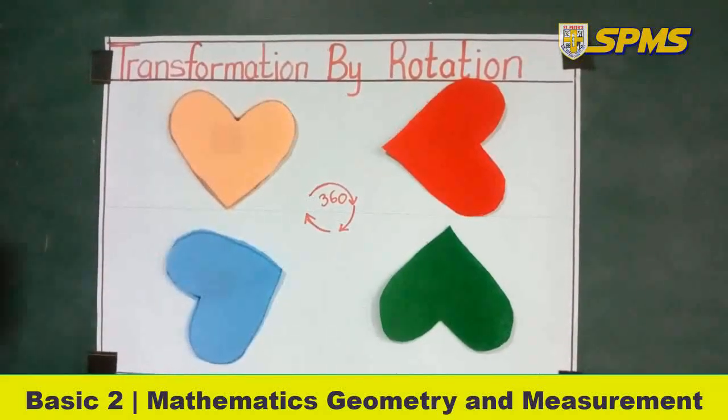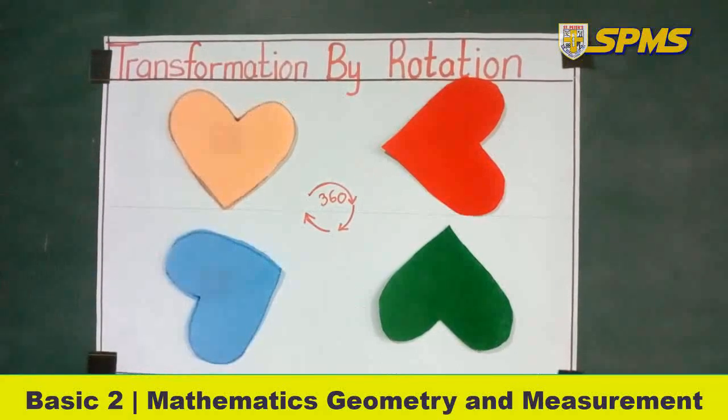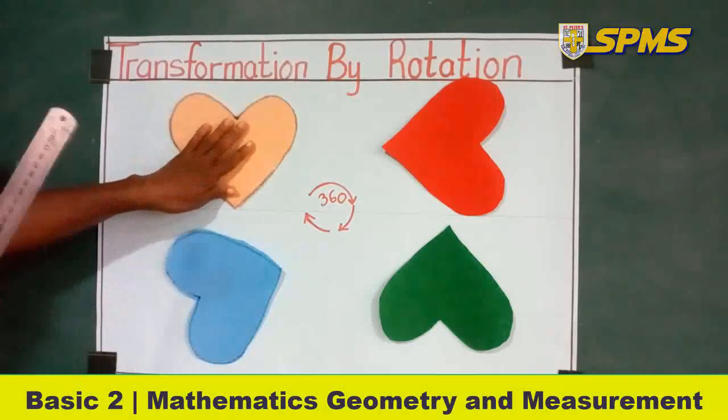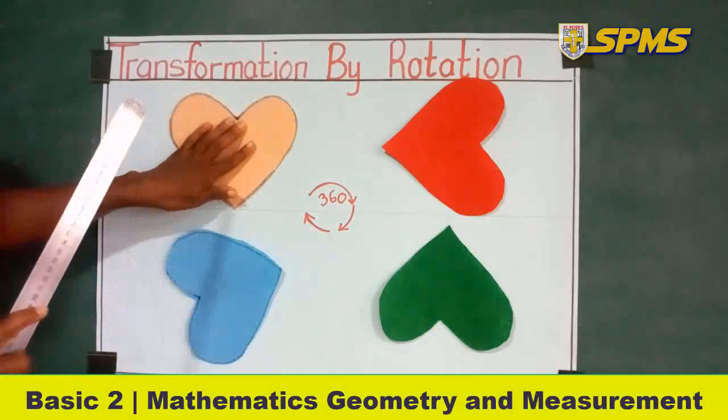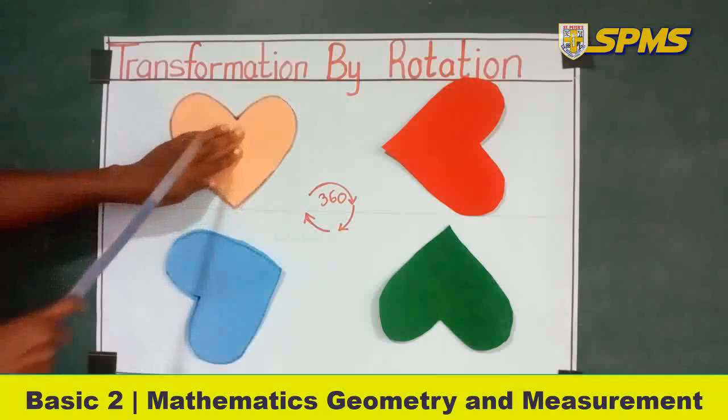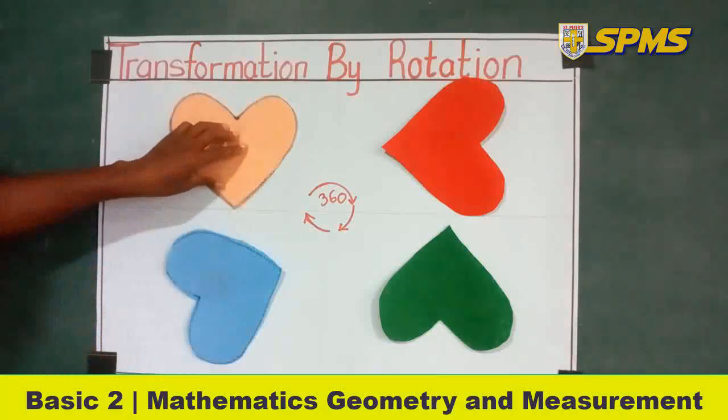Let's look at the third type of transformation, which is rotation. What did we say rotation means? To move round about at a fixed point. You remember the way we moved this object in our previous lesson? We rotated our hat from the original position.